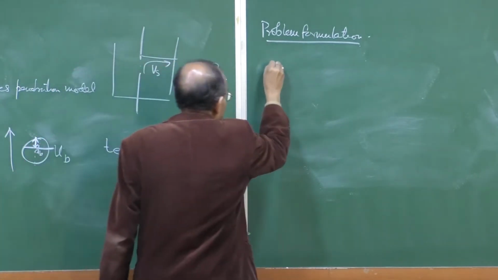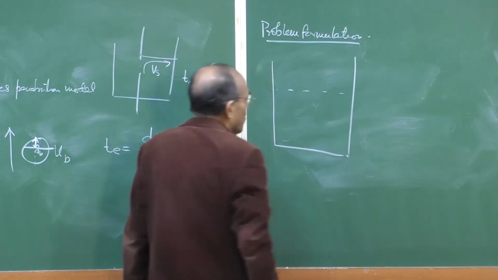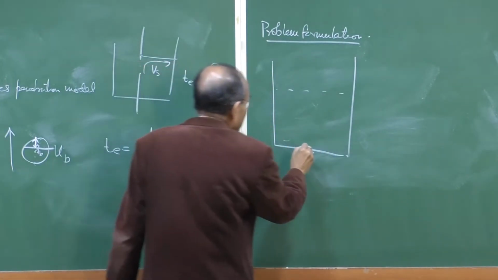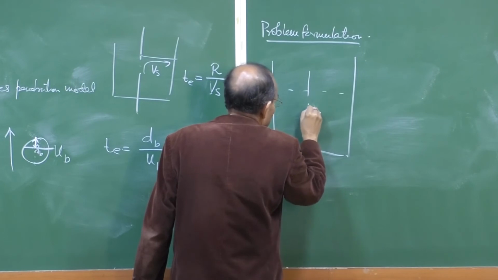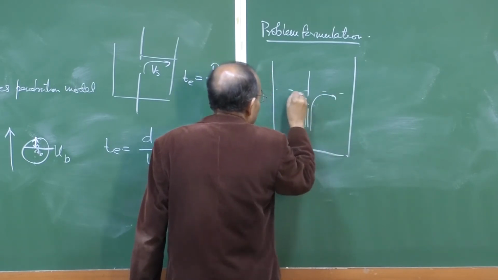Suppose we have a melt which is contained in a vessel and which is being stirred, where the flow pattern goes something like this.